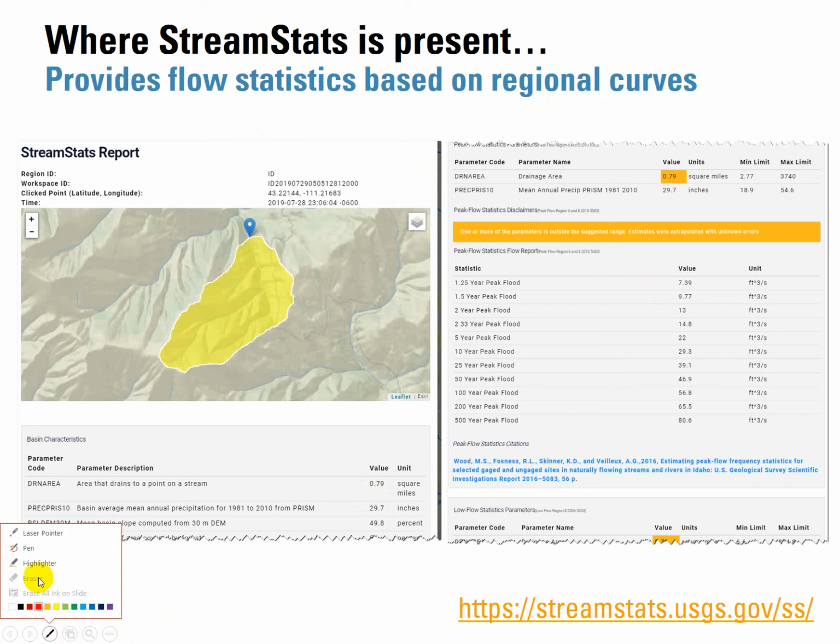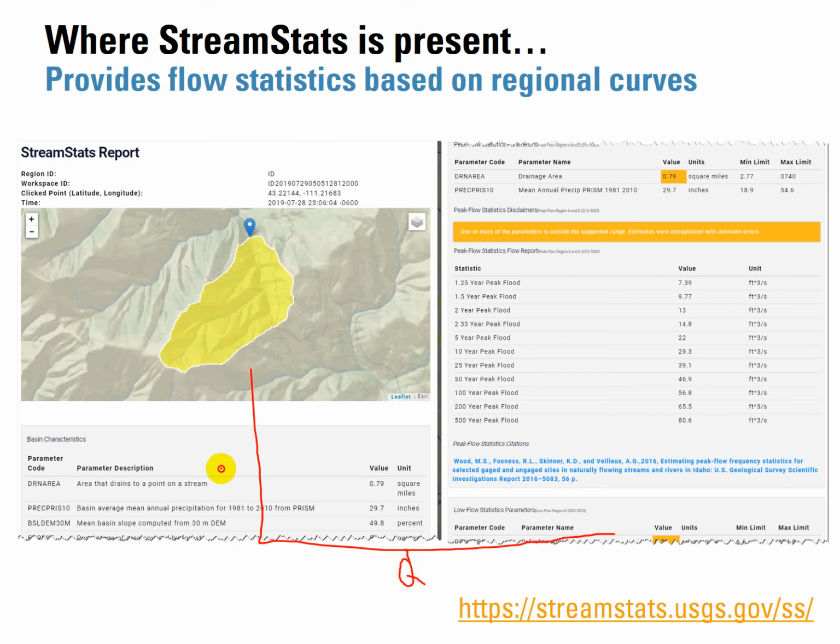Let's see if I can make one for you here. You basically just have a graph, and you have discharge and then upstream drainage area. So right here, this guy's got 0.79 drainage area.